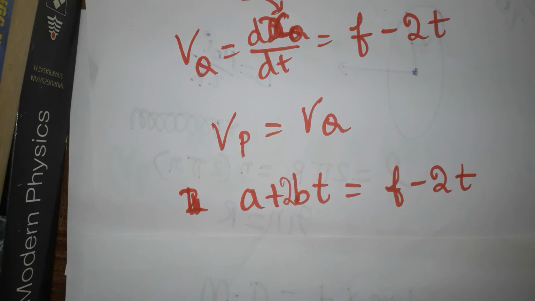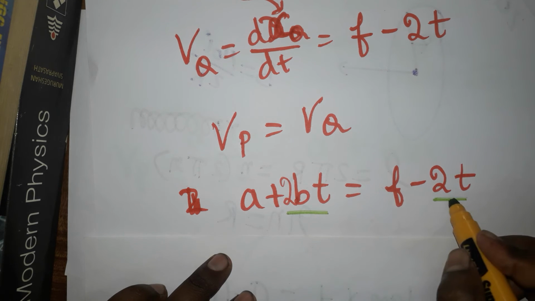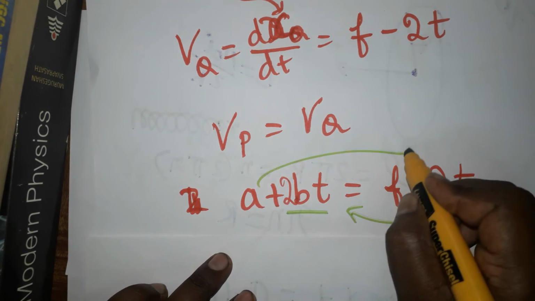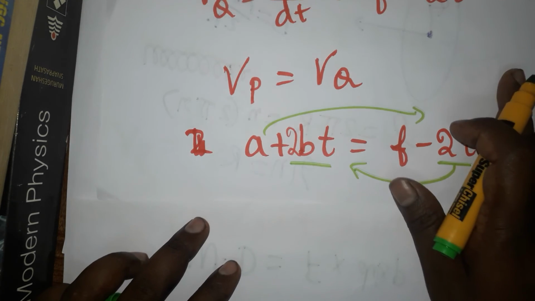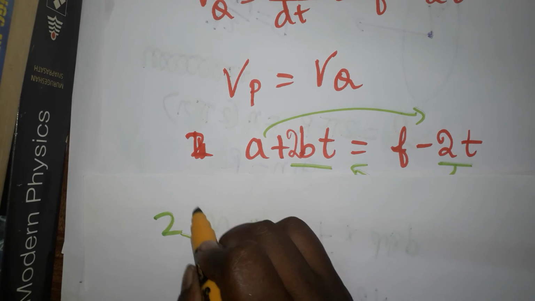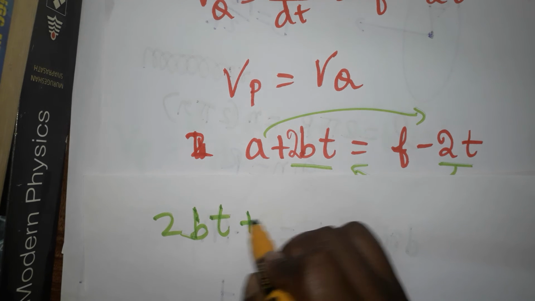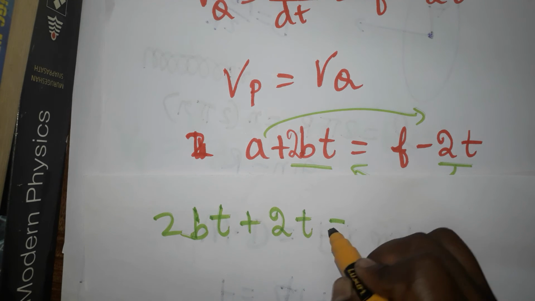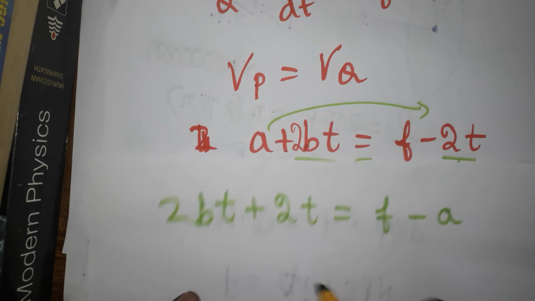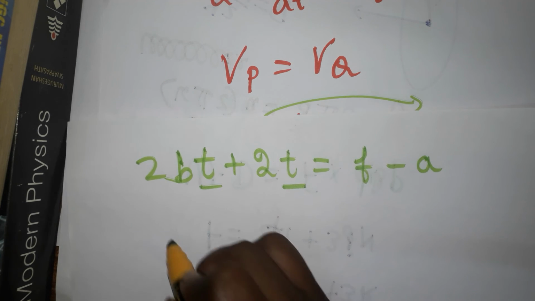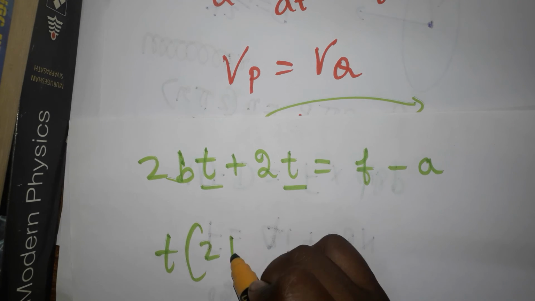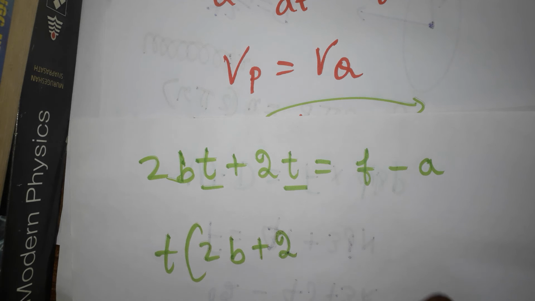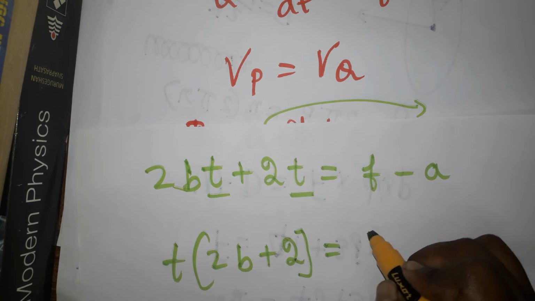Take the time terms to one side. I bring this term to this side, and take a to the other side, because I want to find the time. So 2bt plus 2t is equal to f minus a. From this equation, take t common: t into 2b plus 2 is equal to f minus a.